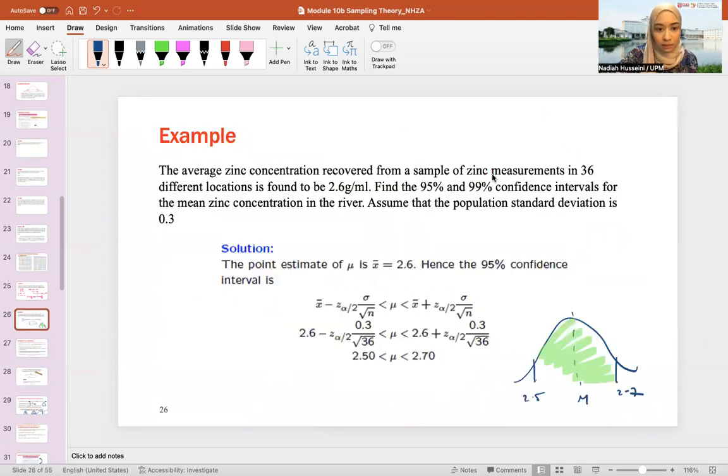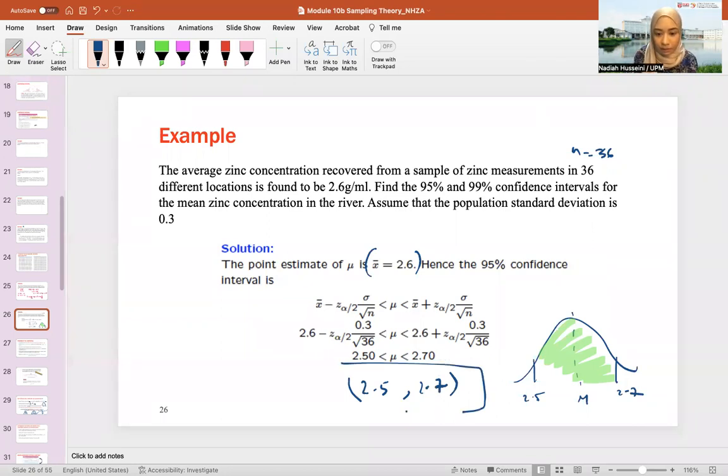The average zinc concentration recovered from zinc measurements in 36 different locations, this was our n, was found to be 2.6. This was our sample mean. Hence, the 95% confidence interval we found was 2.5 to 2.7. This is our 95% CI.